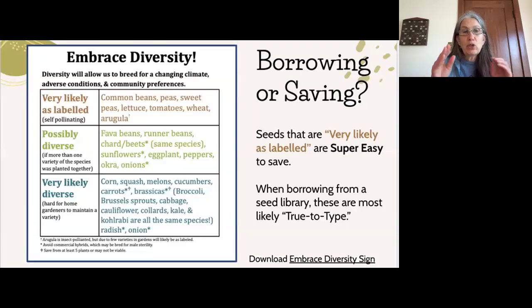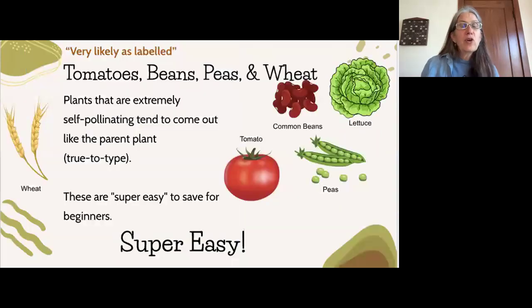For example, if I grew two different fava beans at the same time and they're flowering at the same time, there's probably a 30% chance that it's going to cross. Same thing with the runner beans. So we're going to go through this level by level of whether it is likely to cross or not. The first ones are the super easy, very likely as labeled: tomatoes, beans, peas, wheat, going to come out like the parent.